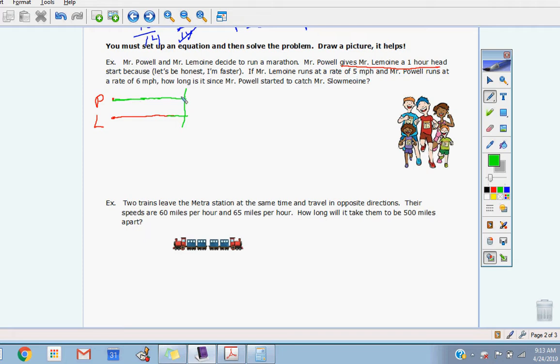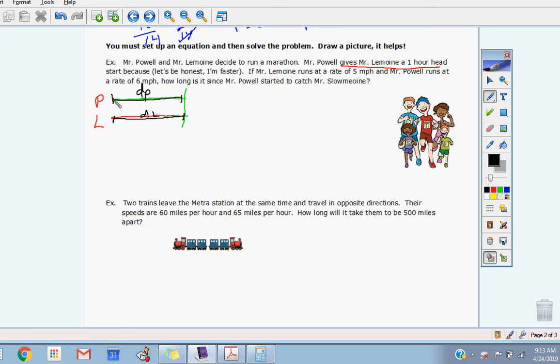I'm going faster. So what you got to understand is at that point for this problem, we have both traveled a certain distance. This is the distance Powell has traveled from here to here, and this is the distance Lemoyne has traveled from here to here.